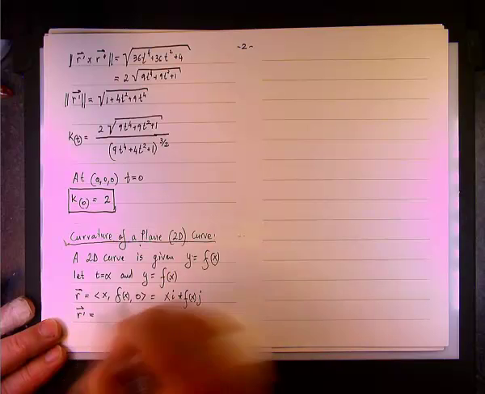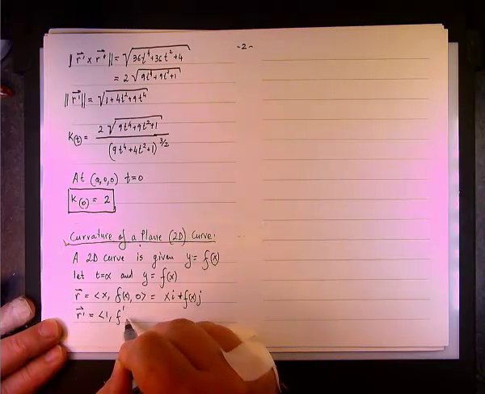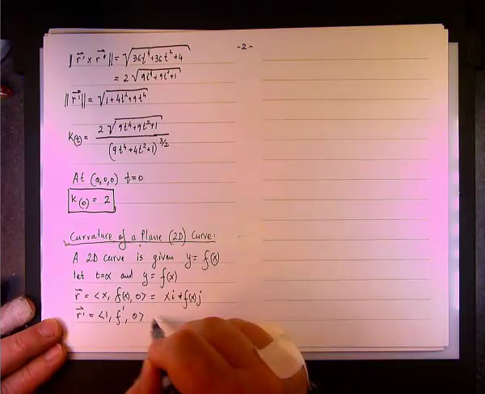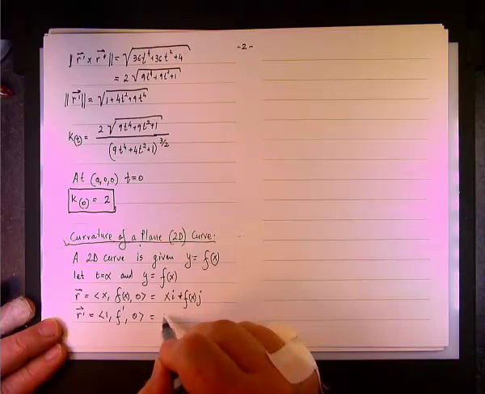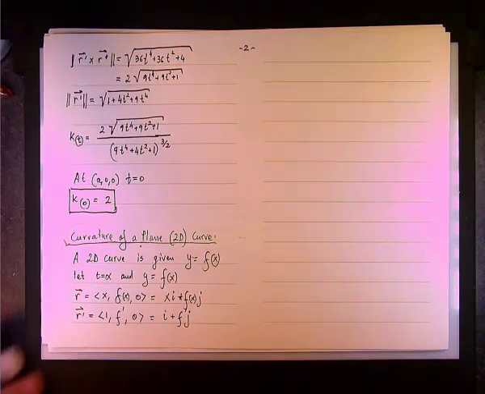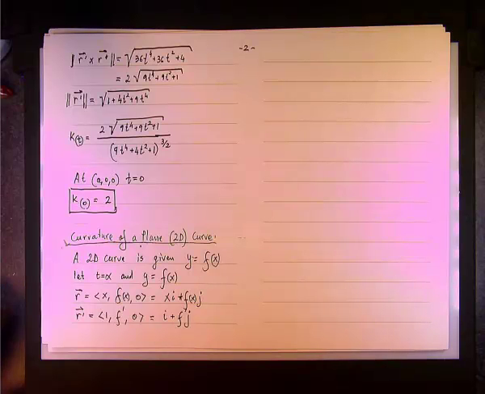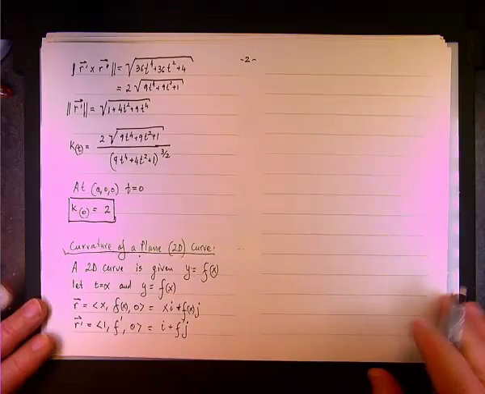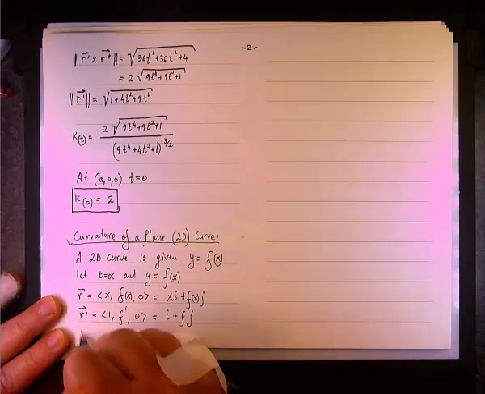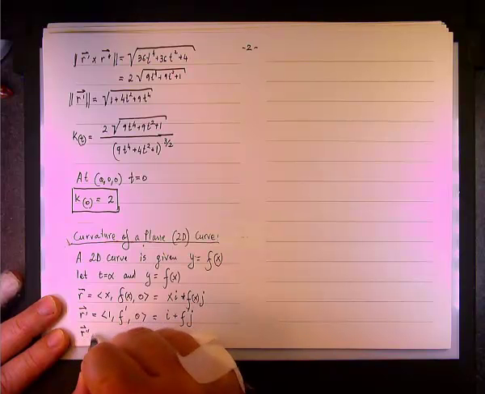So what is r prime? Well, take the derivative. R prime will be 1, f prime, and 0, or we can write it as i plus f prime j. And we need r double prime.